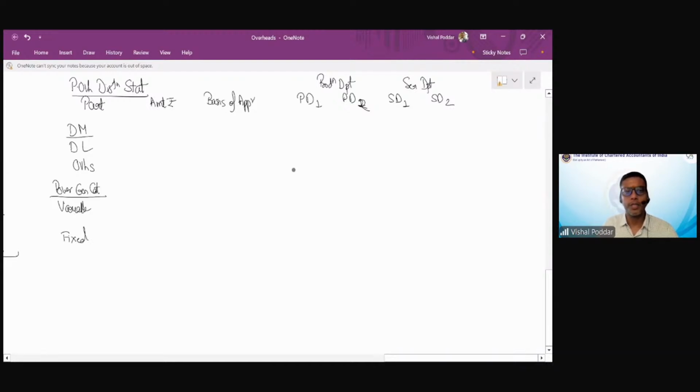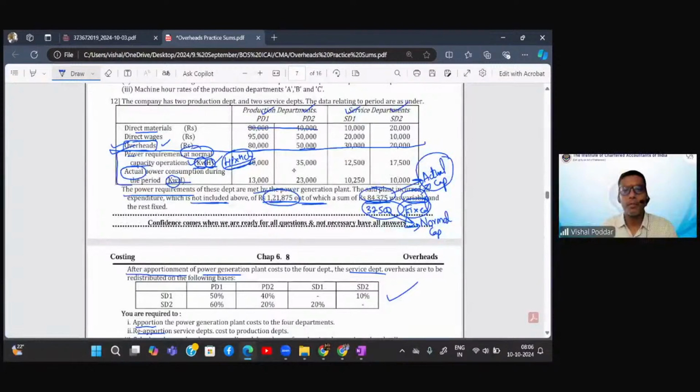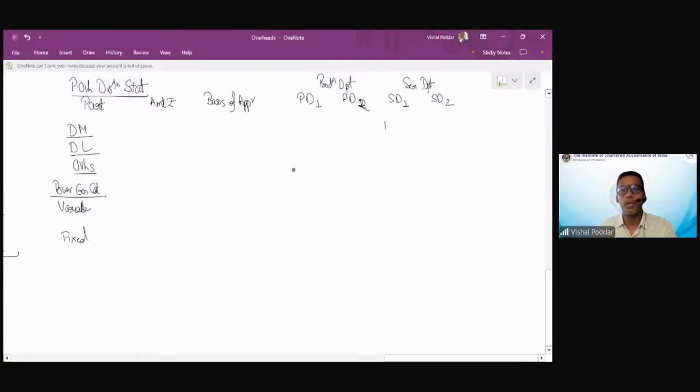Now we start firstly allocating. Allocating means picking up and putting it in the respective columns to which that expense belongs. So direct material, direct labor, if you remember, we ignore for production, so we'll consider only for service. So 10, 20, 20, 10.